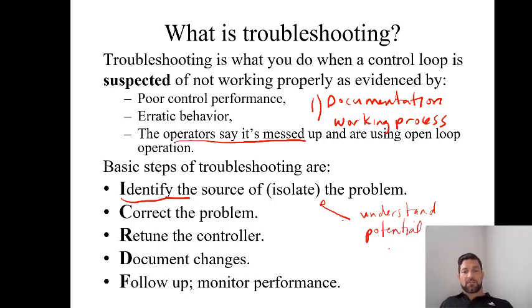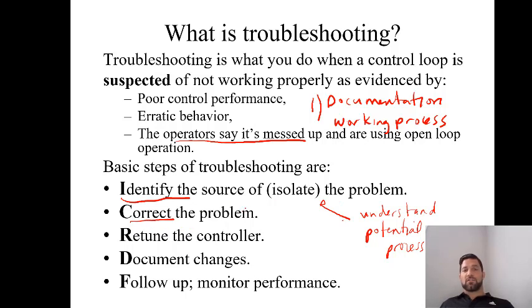Some of this is going to come with experience, and some of it can come from just reading the textbook or looking in tables and seeing what are common problems of various components of feedback control loops.